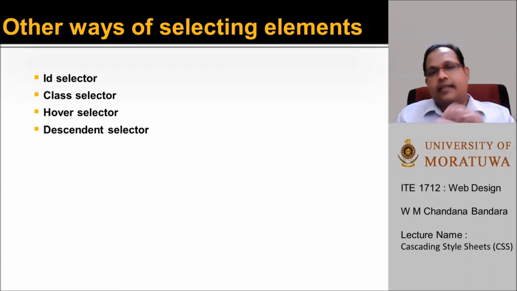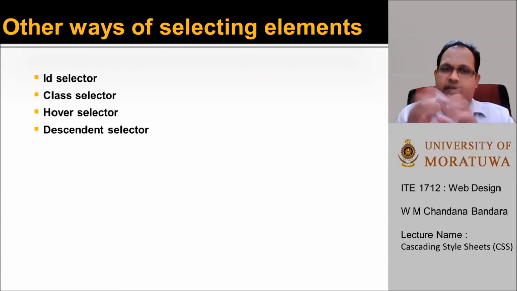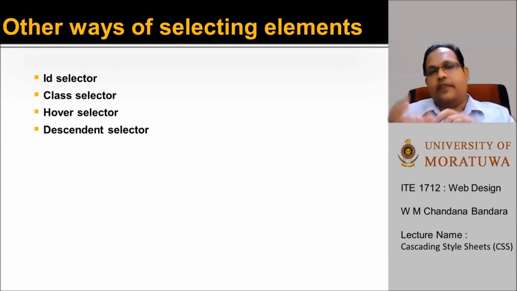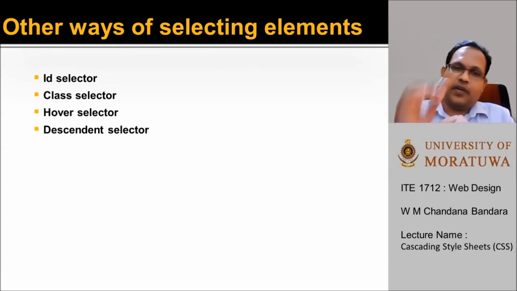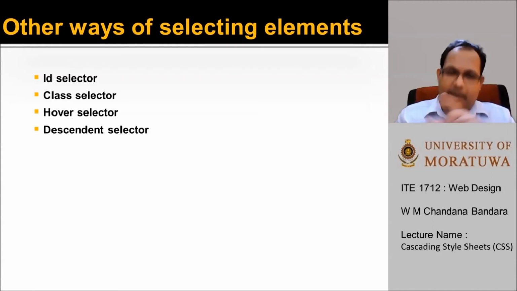And also, there is another way of specifying classes. We can add one or more classes to an HTML tag and then refer to these classes in the internal or external style sheets to address these particular elements. And also we can select elements with our actions, for example hover. So we can specify, okay, when we hover our mouse over an element, apply this style.